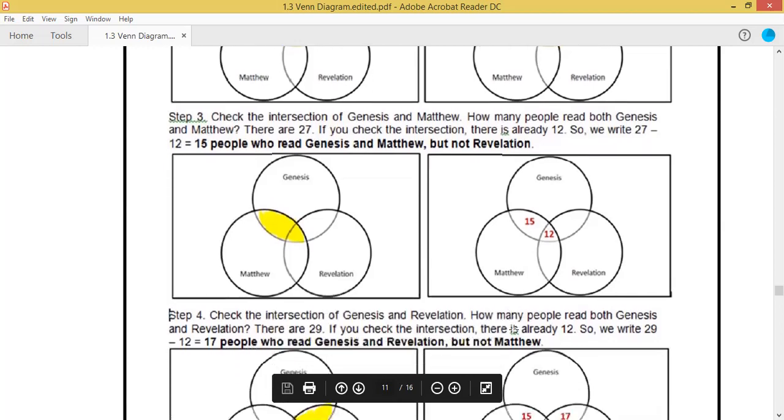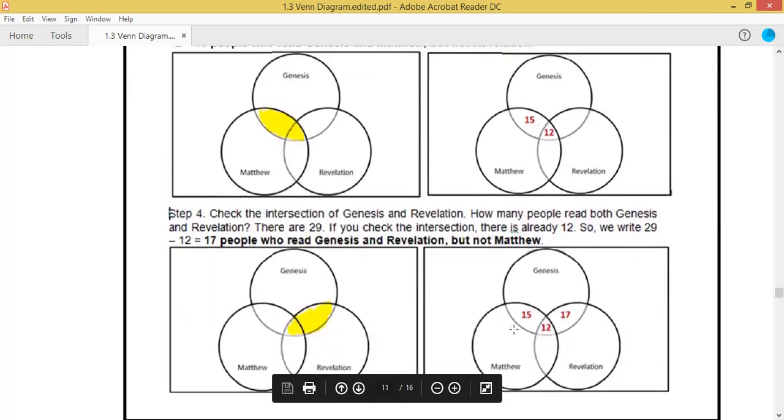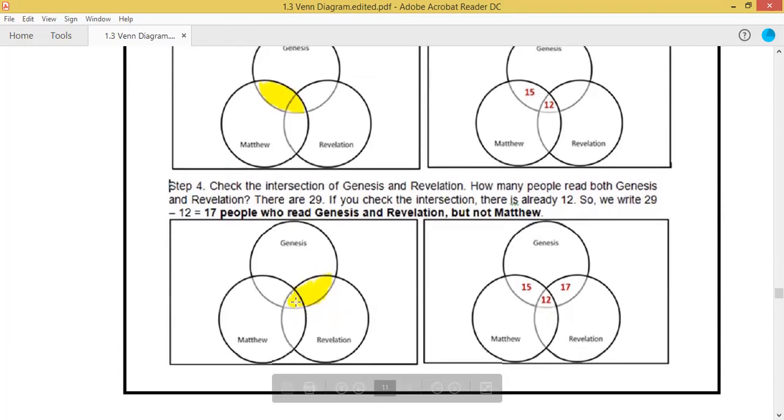Next, we go to Genesis and Revelation. This is the intersection part for Genesis and Revelation. There are 29 who finished reading. But since we already have 12 in the middle, we subtract it. 29 minus 12, then we'll write 17. 17 people read Genesis and Revelation, but not Matthew.